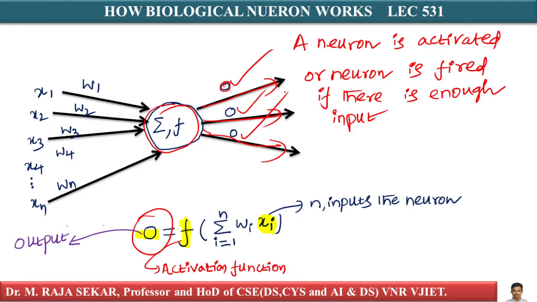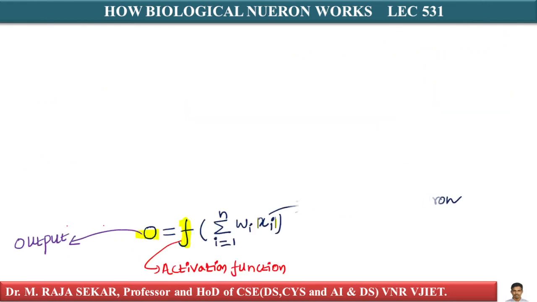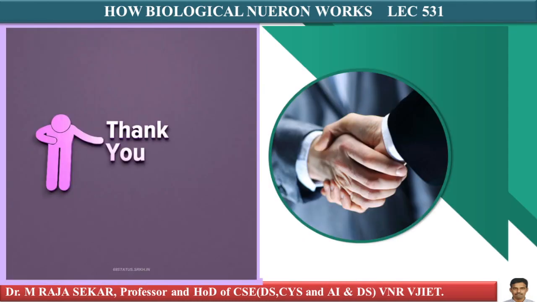The same output O is transmitted through each of these axons, or each of these outgoing edges. We will learn perceptron and logistic regression as a simple neuron in my next lecture. By that time, I request all of you to go through this output function.